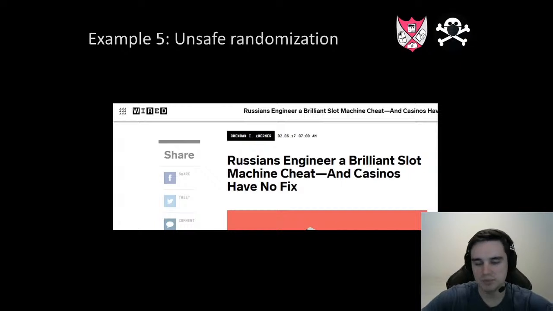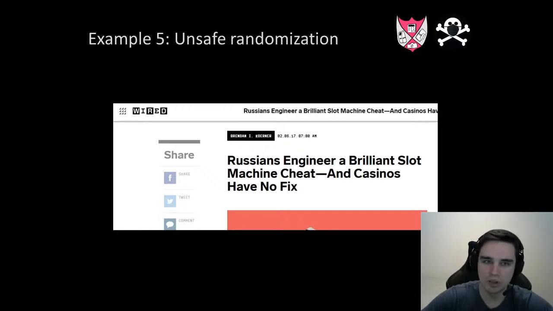For example, they came to the slot machine. They played for several minutes, and in these several minutes, they got the sequence that the slot machine showed them.